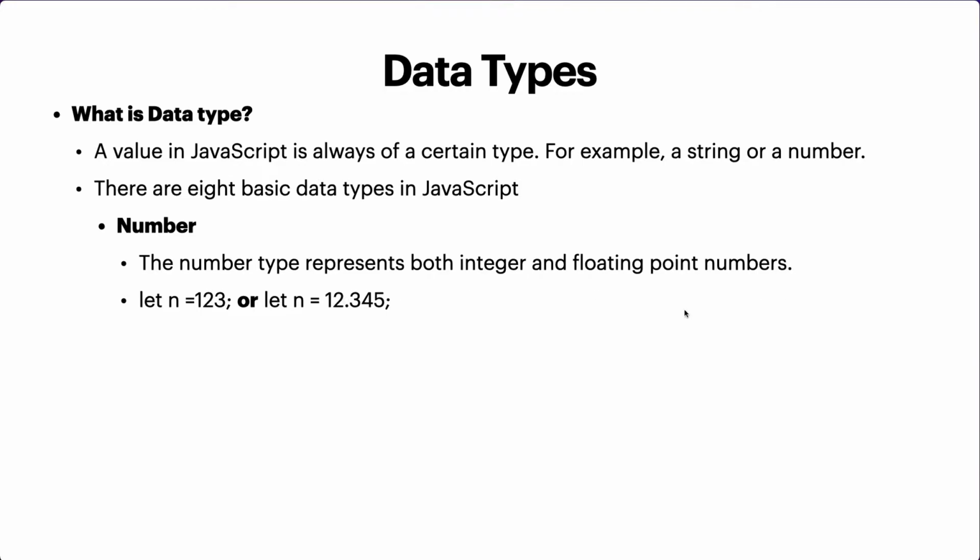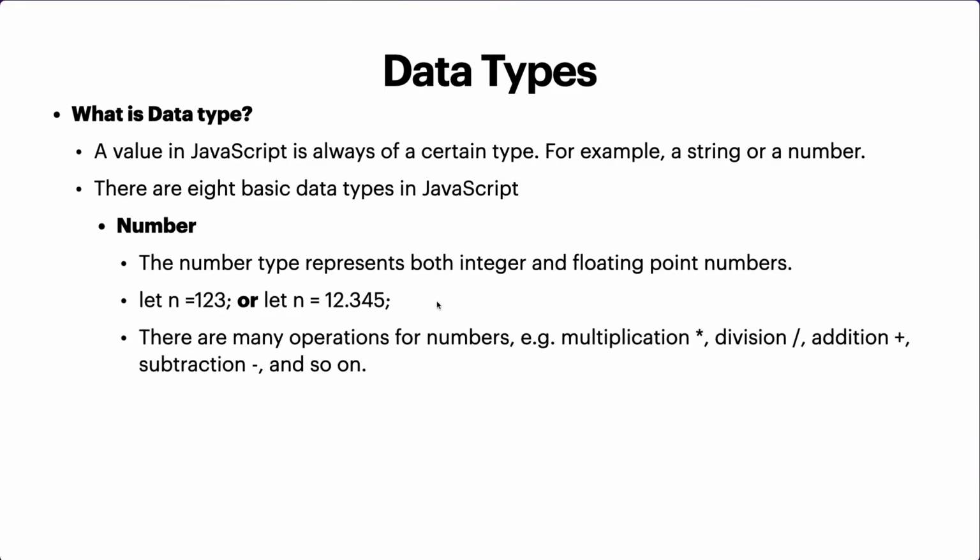There's a slight difference between a simple number or integer and a floating point number. Floating point numbers always have a decimal point, and there are many operations for numbers, for example, multiplication, division, addition, and subtraction. We can do all of these mathematical operations on these numbers.